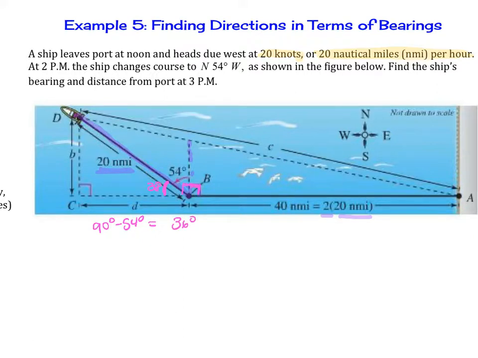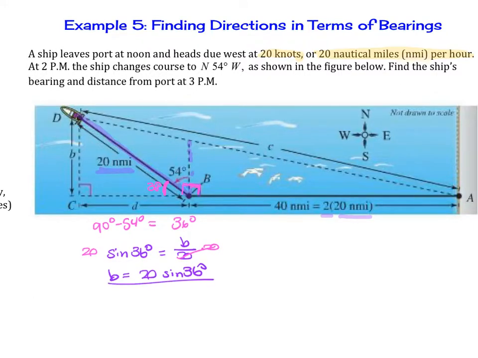So we have 36 degrees for this triangle here. So let's use sine of 36 degrees equals b over the hypotenuse, which is 20. So let's solve for b. I'm going to multiply by 20 to both sides. And so now we know that b equals 20 sine of 36 degrees.